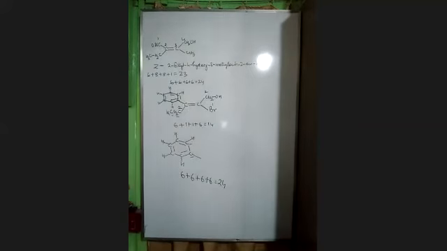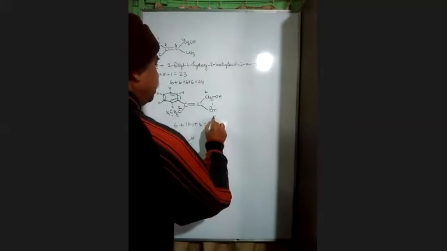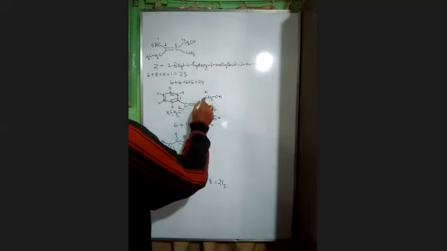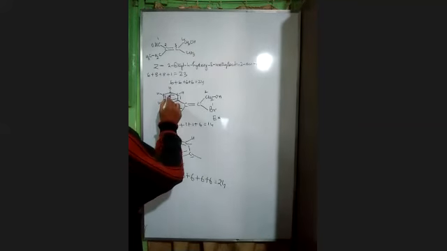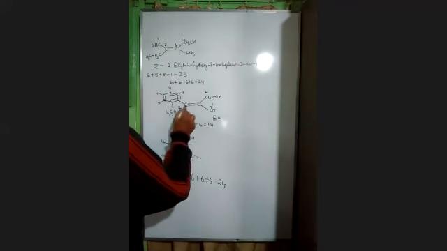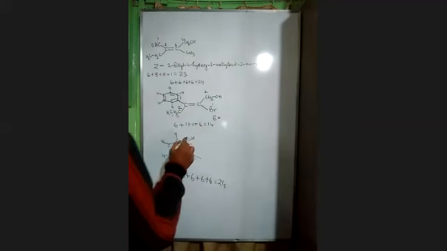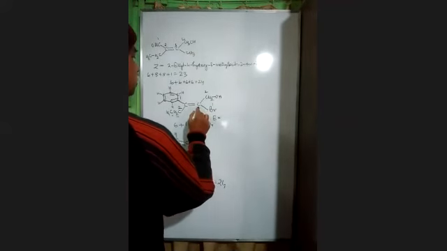So what is the name of this? See, they are on the opposite side. So I'll write here now E. Then the numbering is here 1, 2, 3, 4, 5, because this is a substitution. 1, 2, 3, 4, 5. So this is 2.